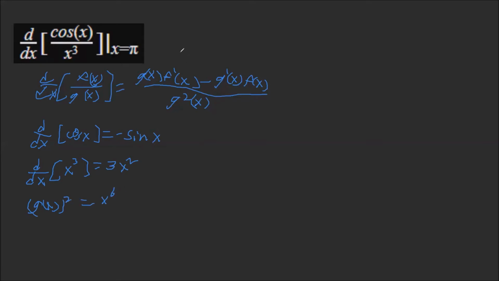So now we can plug these in. We can say this is equal to g of x, which is the denominator, times f prime of x. So that's going to be negative x cubed sine of x, minus g prime of x, which is 3x squared, times f of x, which is cosine x.